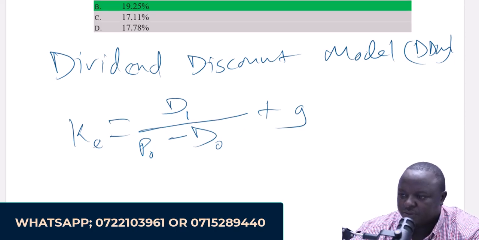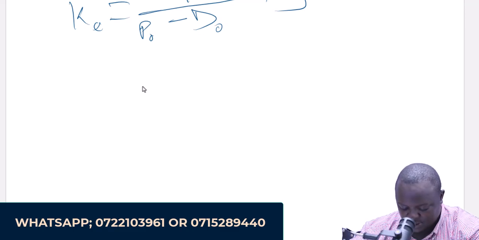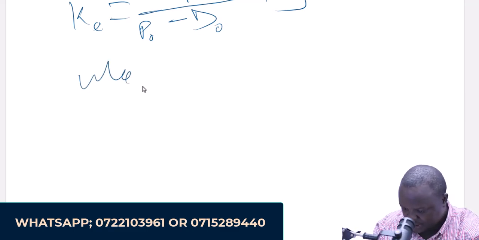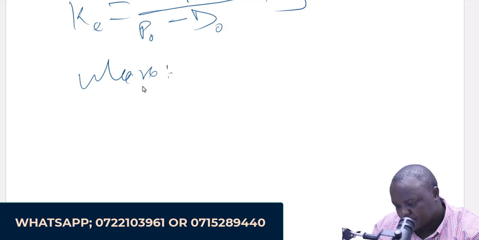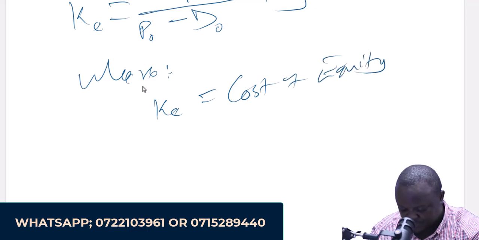Here, Ke is the cost of equity, that is what we are looking for.